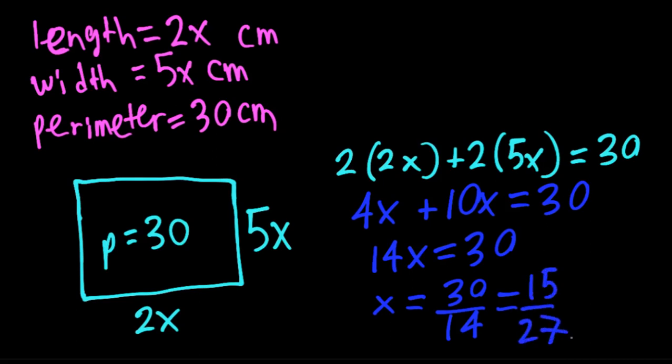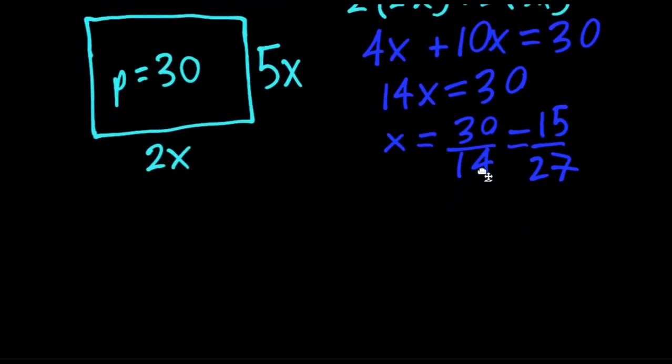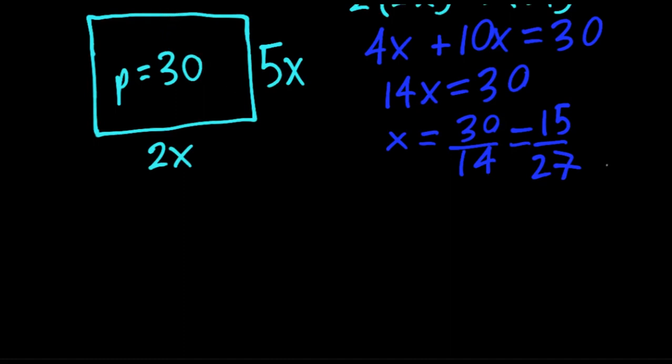Okay, and so in this question, we actually need to find the length and the width of the garden. So what we need to do is, now that we have x, we can plug it back into the original length and width that had x, and we can see what the value is. Okay, so let's see, just a second.